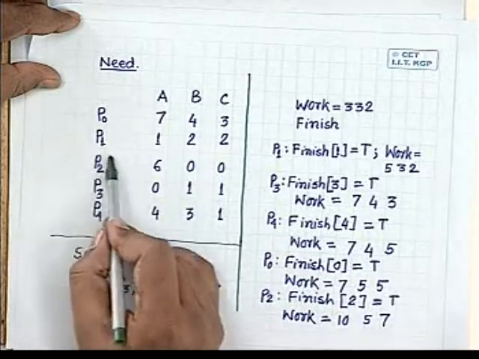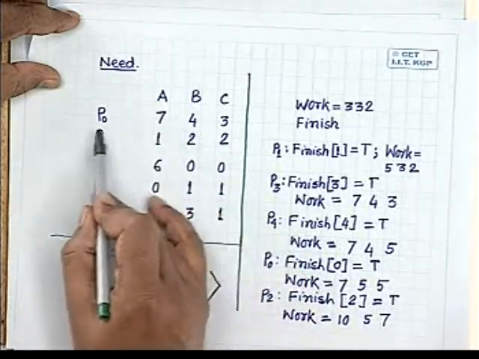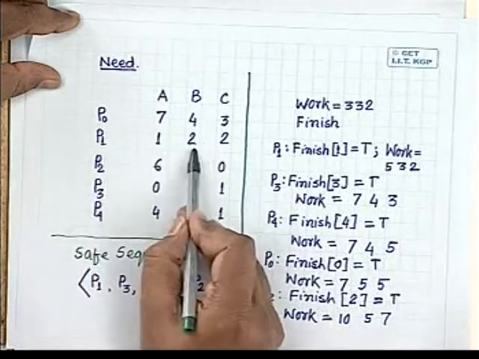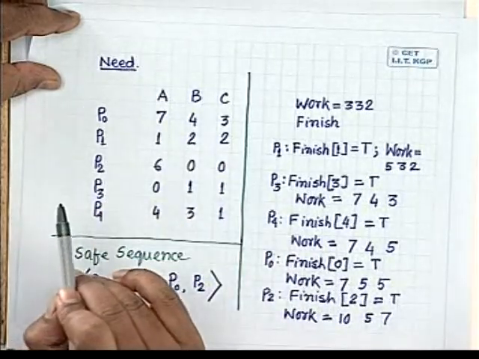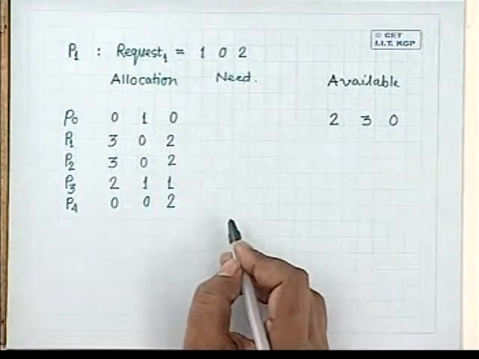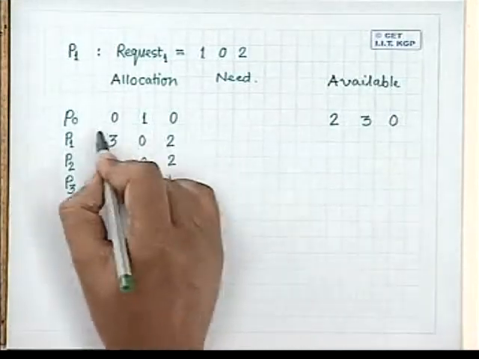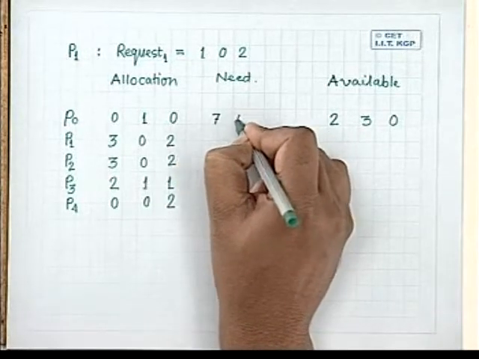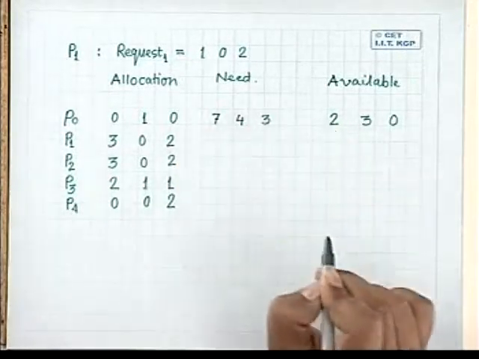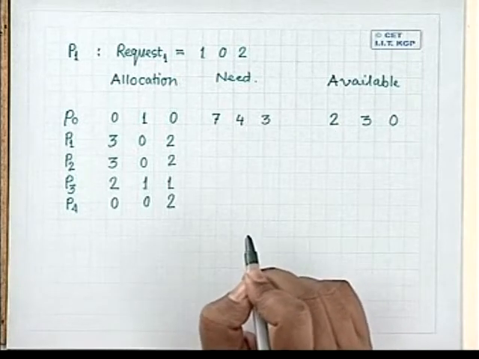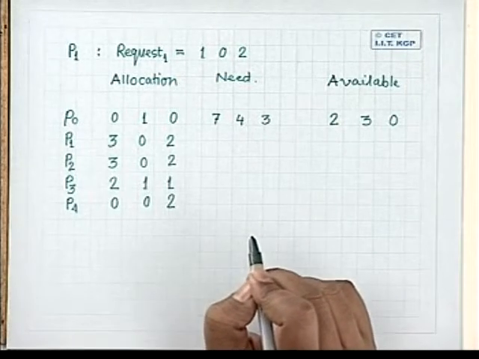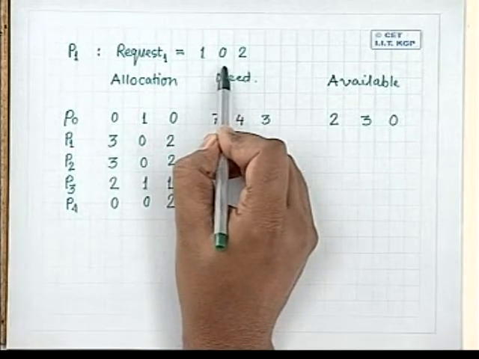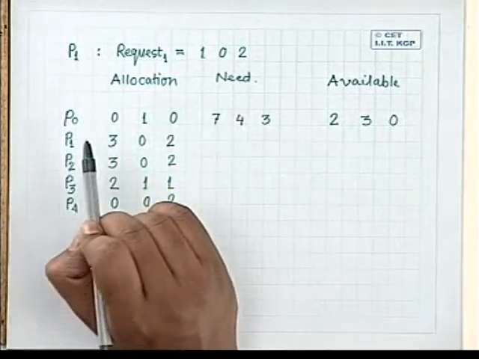Okay. Out of that, P1 has received more number of resources. So the need vector for process P1 will also be modified. Okay. For other processes, need will remain as it is. So for process P0, the need remains as 7, 4, 3. There is no change. For process P1, the need was 1, 2, 2, out of which this is already met. 1, 0, 2 is met. Okay.